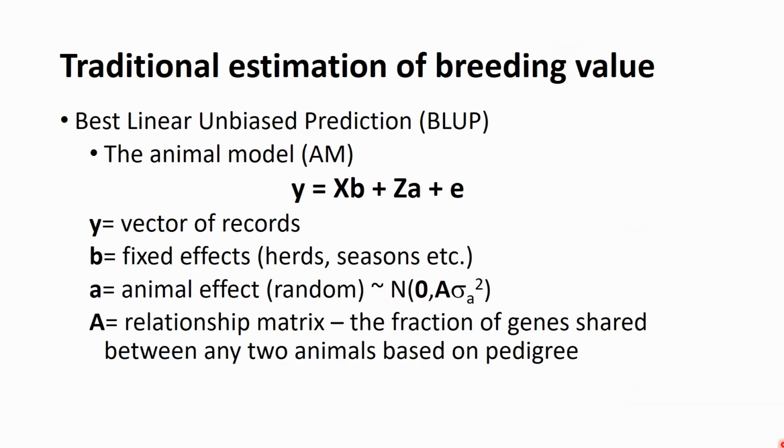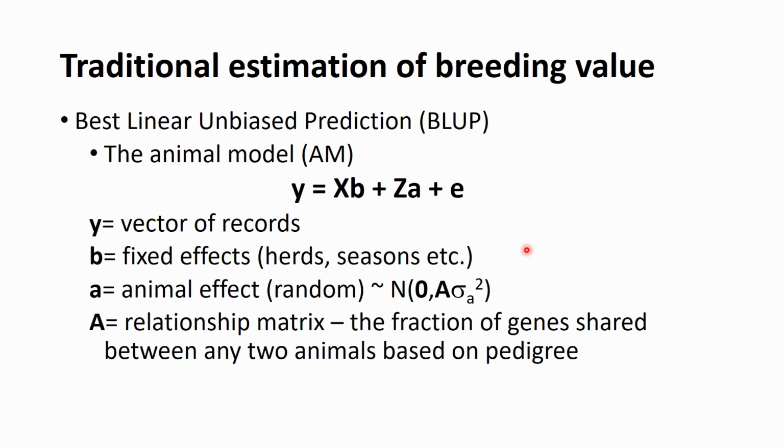As I mentioned before, there are sophisticated statistical models running in the background, and this is the so-called Best Linear Unbiased Prediction, or BLUP. This is just a short version of it. So basically this Y value, so these are the vector of records. Let's say these are the milk production from daughters. We can have various fixed effects. We have random effects, that is the animal itself, and then we have an error term.